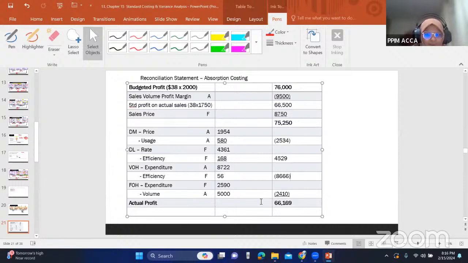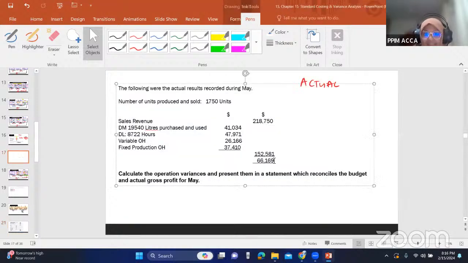It was 2,410 adverse, so I have deducted it. So what have I done? 75,250 minus 2,534 plus 4,529 minus 8,666 minus 2,410. It will give me the actual profit that they gave me, 66,169.